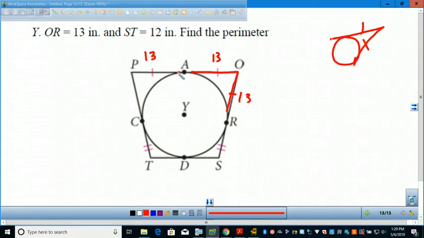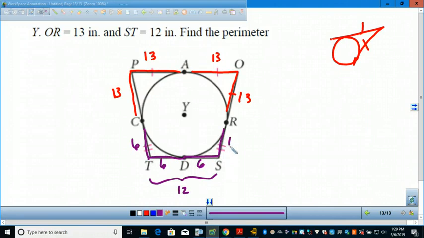Oh, so this is 12. Yeah, and now you're close though. Oh, 6 and 7. Right, and this has to be 13 for the same theorem. And then they're saying from here to here is 12. So this is 6, and this is 6. But because these are both tangents to the same point T, this has to be 6. And so does this.